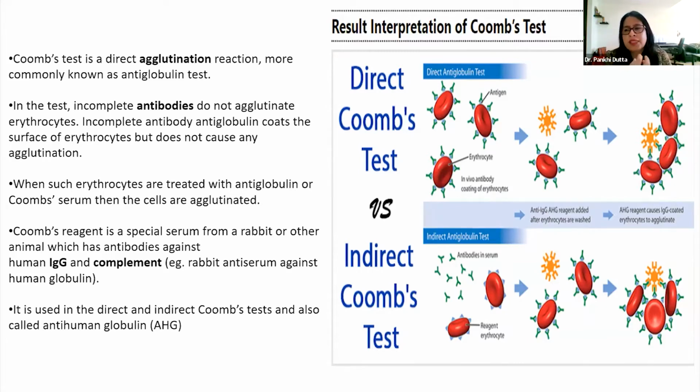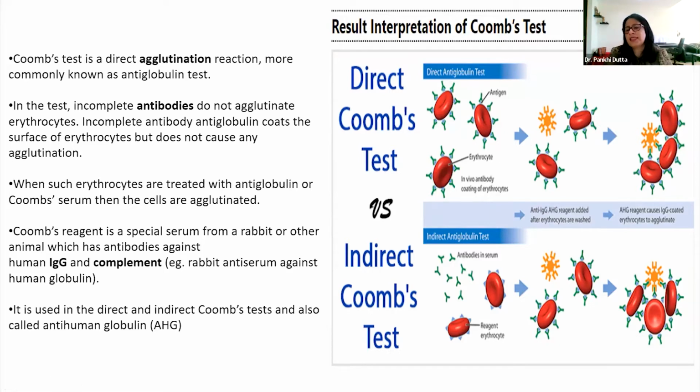And thus, this serum has antibodies against human immunoglobulins or even complement components. And thus, we add this to the RBCs. These antibodies will link several other antibodies and will help to agglutinate. So the incomplete antibodies, which were coating the RBCs but were not able to agglutinate, will cause agglutination. This is the principle of the direct Coombs test.